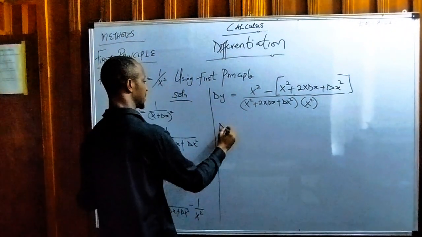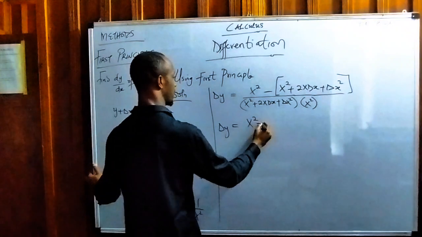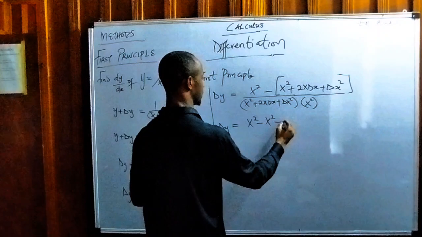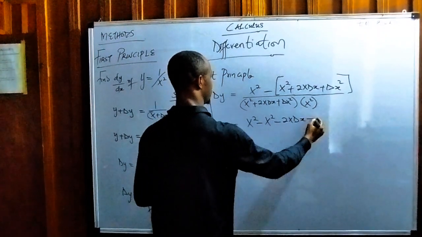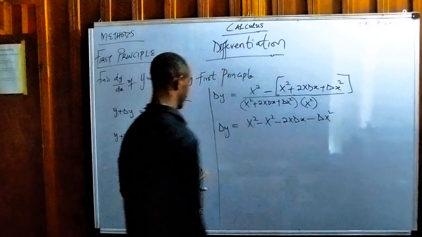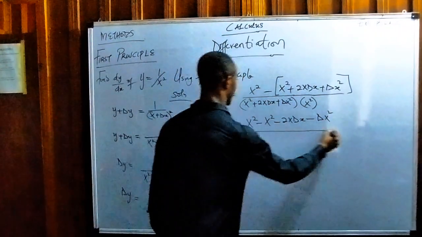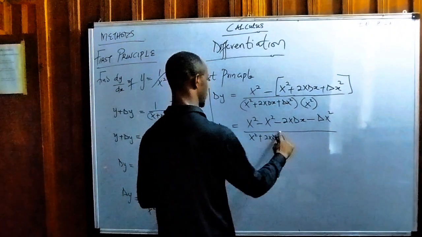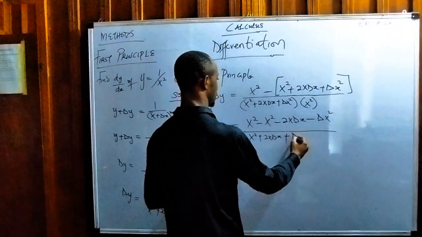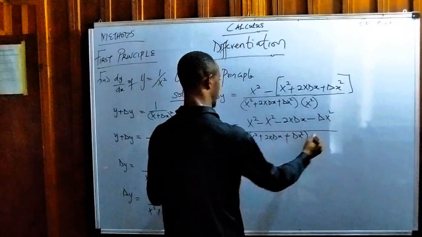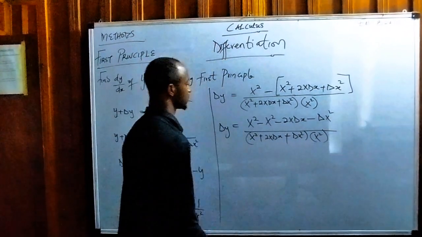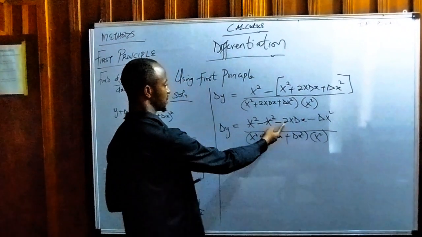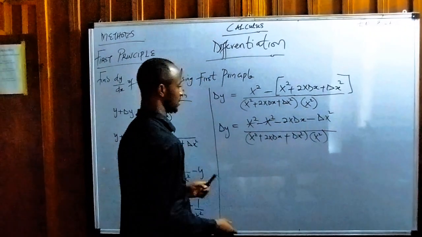Then this will give us delta y equals s squared minus s squared, minus 2s delta x minus delta s squared, all divided by s squared plus 2s delta x plus delta s squared, multiplied by s squared. So this cancels this, and we are left with minus 2s delta x minus delta s squared divided by this.